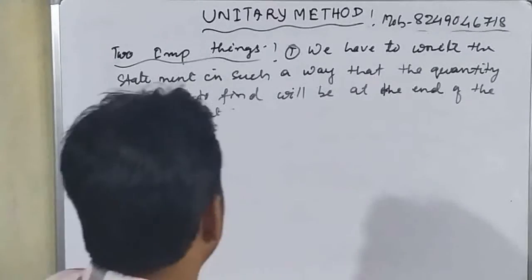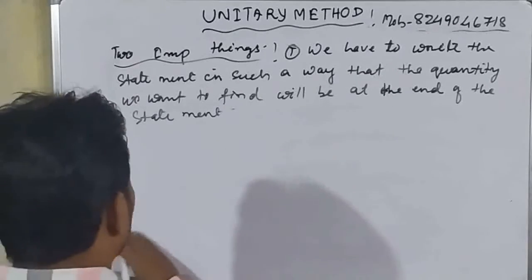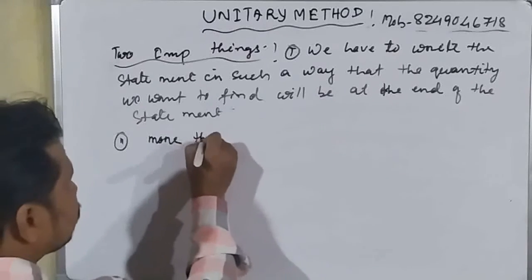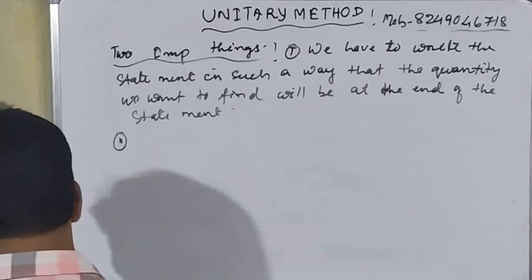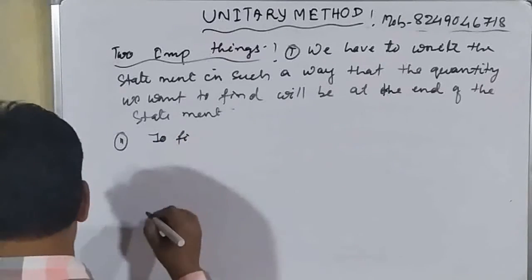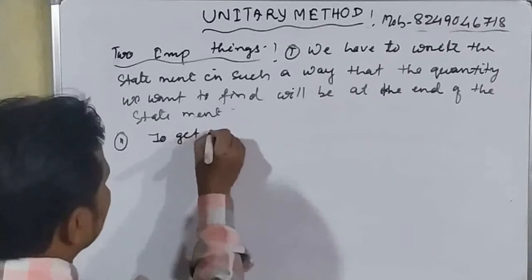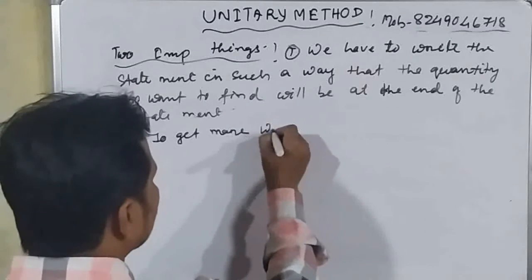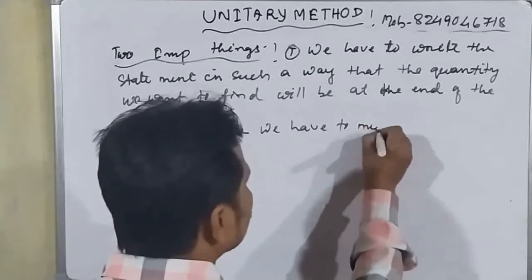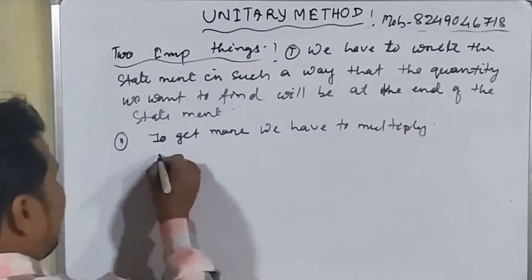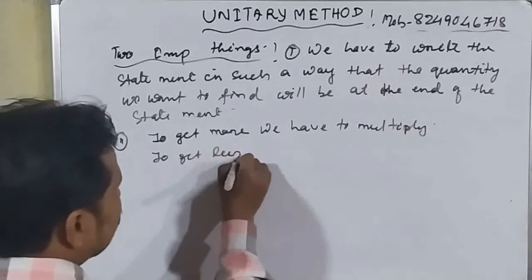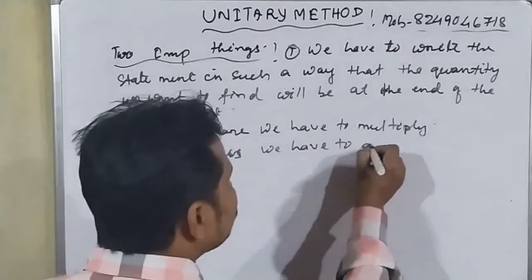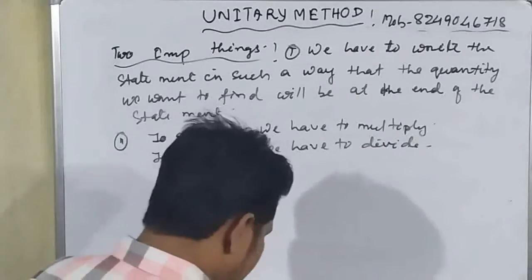Okay, student. And the second thing is one very important formula for the unitary method: to get more, we have to multiply, and to get less, we have to divide.